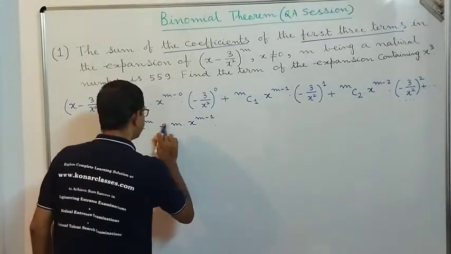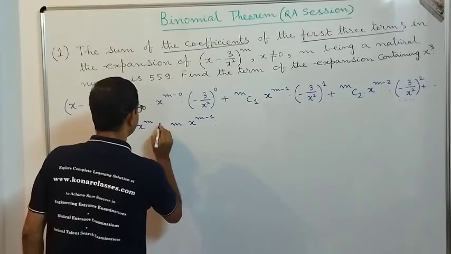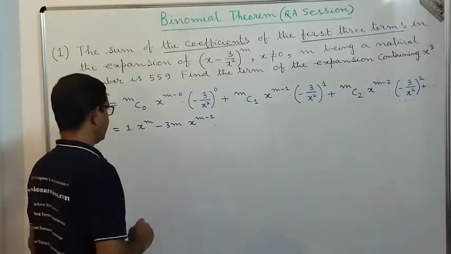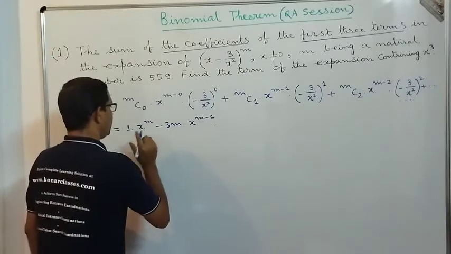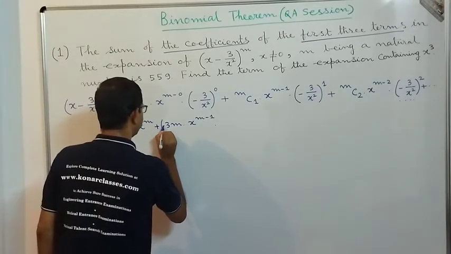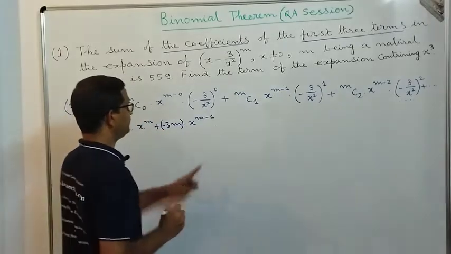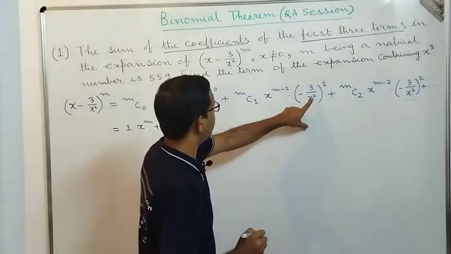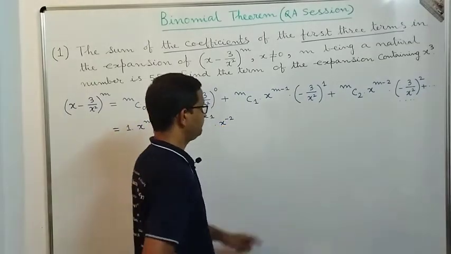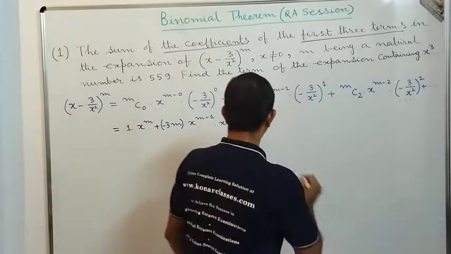After removing the plus sign, we can write minus 3m, or we can write plus of minus 3m, into x to the power minus 2, into x to the power minus 2, correct, plus mC2.